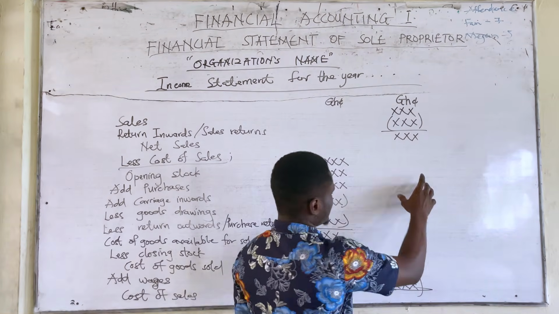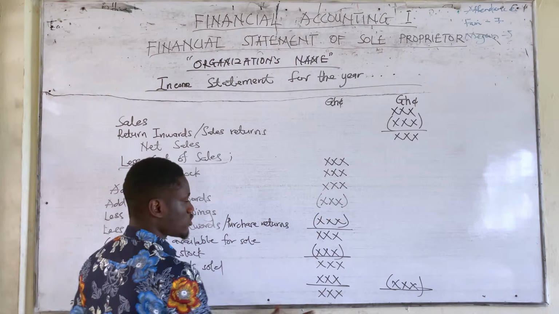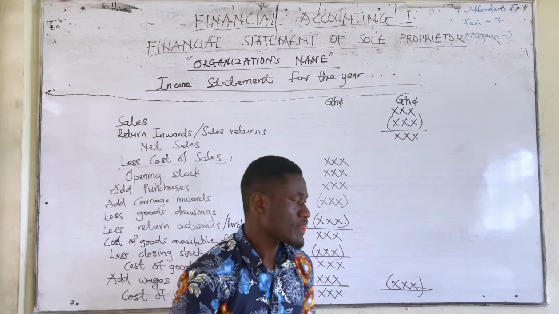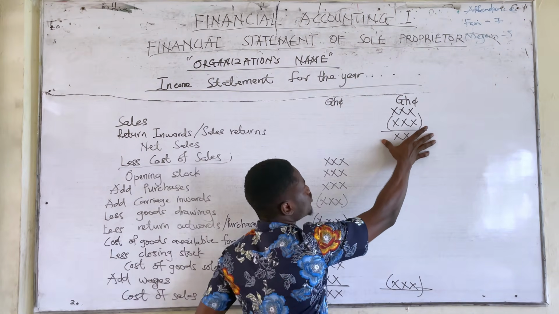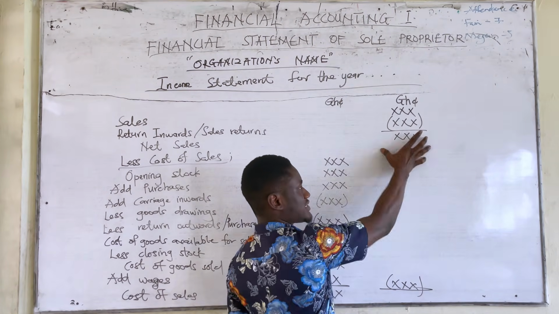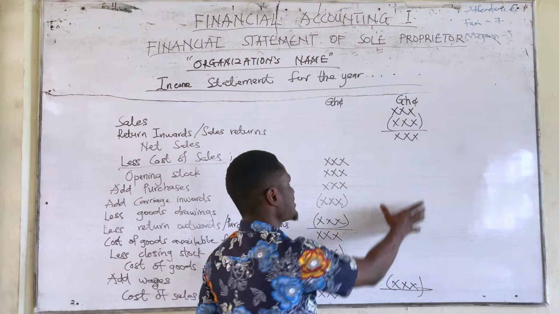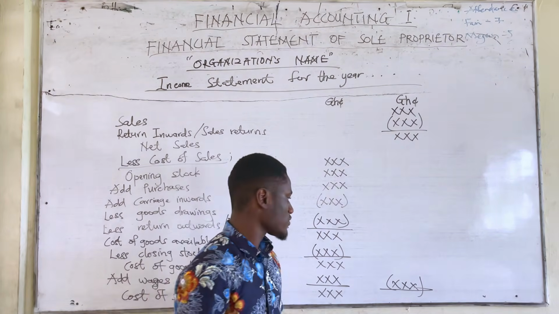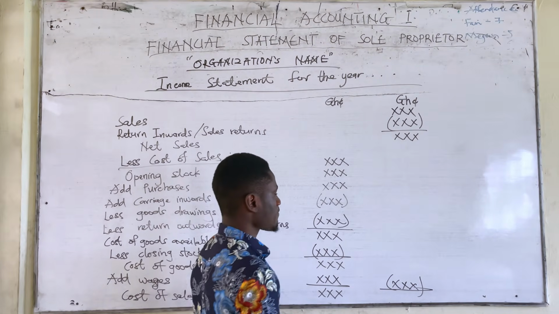So if this cost of sales is bigger than this net sales, you are going to get gross loss. But if you get a positive figure after subtracting, that is the gross profit. That means that the net sales is higher than the cost of sales. Do you get it? Good.